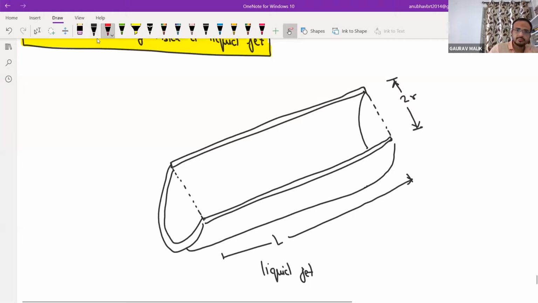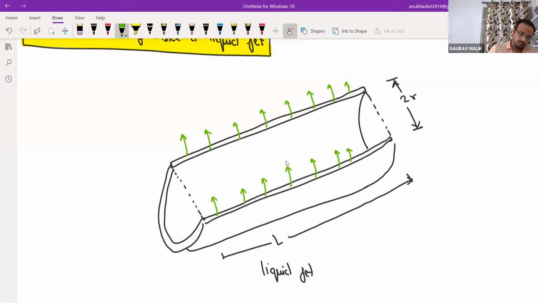Now again, we have tensile force and pressure perpendicular.